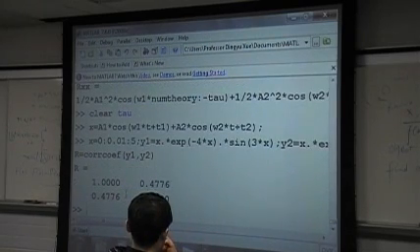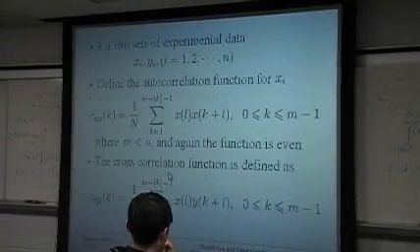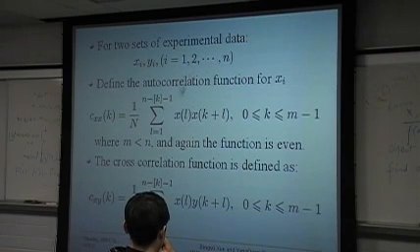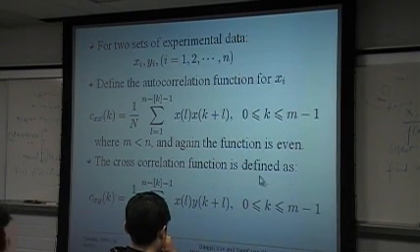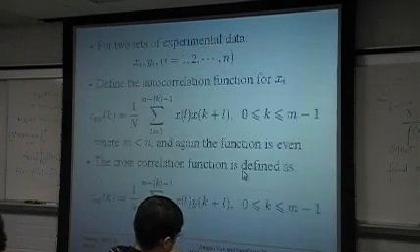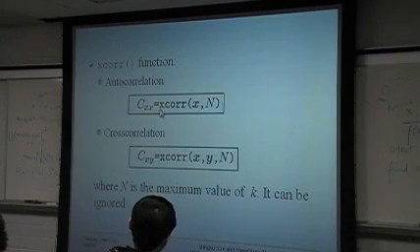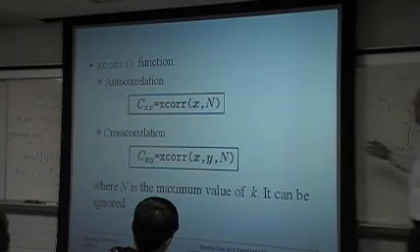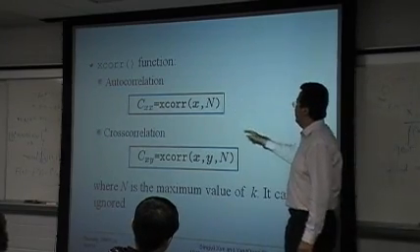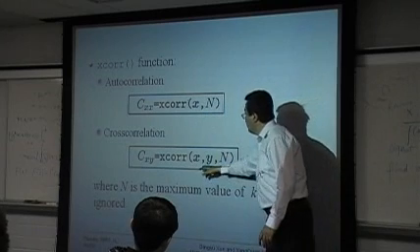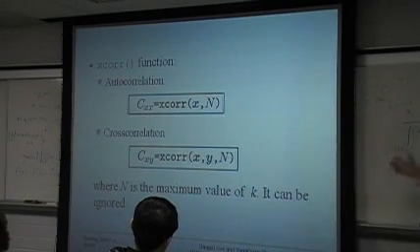So this one is the correlation matrix. Here are the discretized forms of correlation functions. These are different. The function we have to use is xcorr. This one is for autocorrelation, because we have only x here. And this one is the cross correlation between the two sets of data.